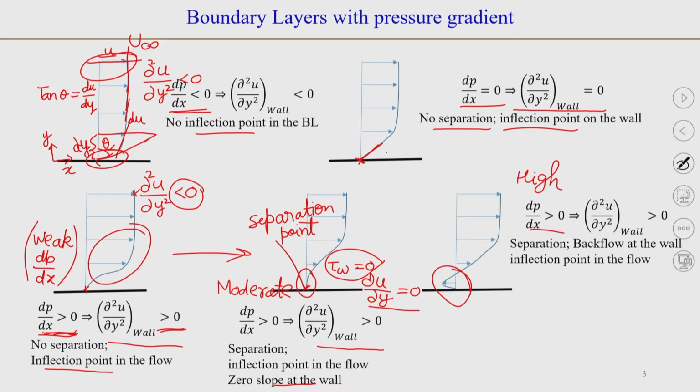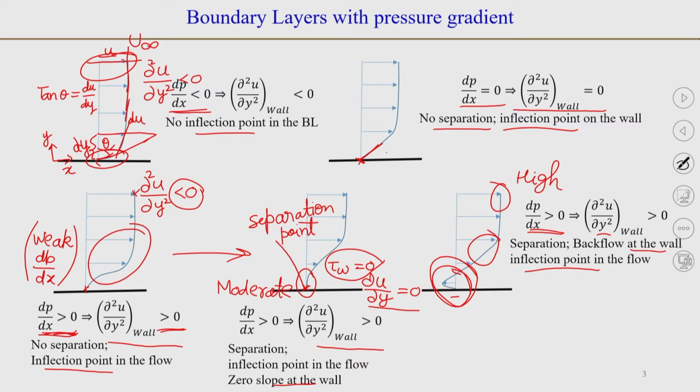So, dP by dx is greater than 0, you will have flow reversal happening near the wall, and then it will change direction. You will also have an inflection point somewhere in the flow where d2u by dy2 changes from positive at the wall to negative here. So, this separation will cause a backflow at the wall.